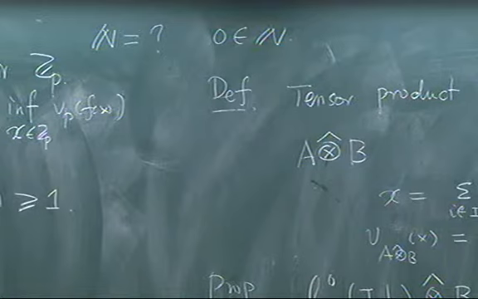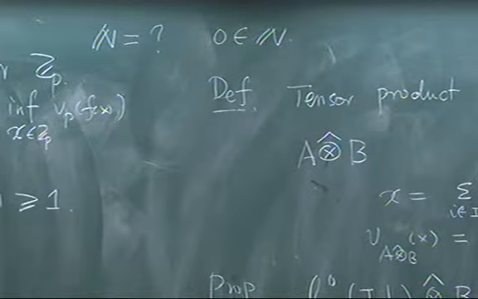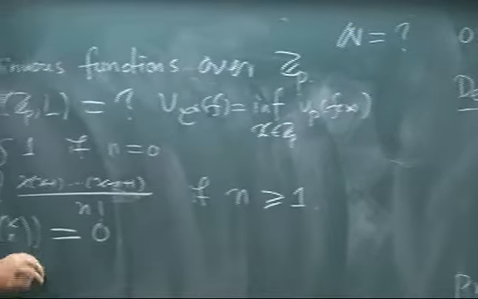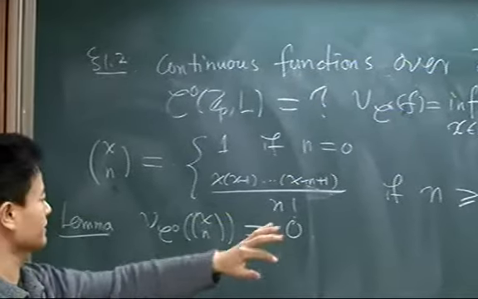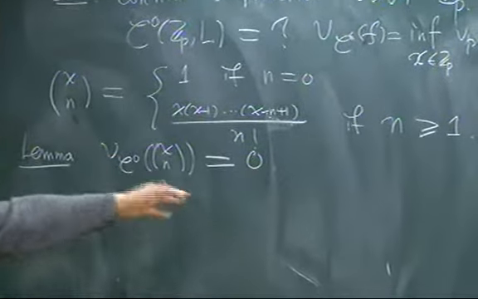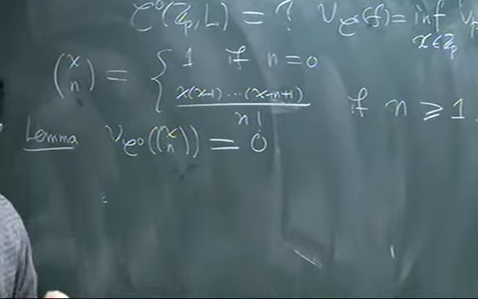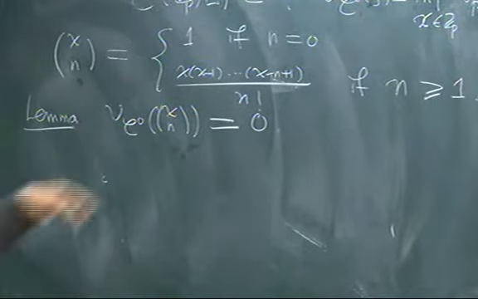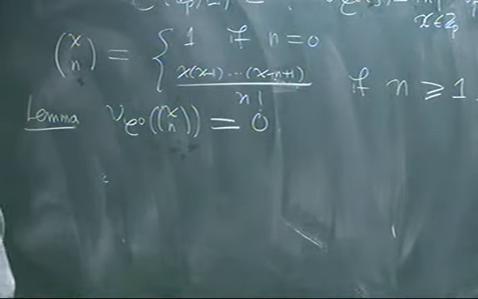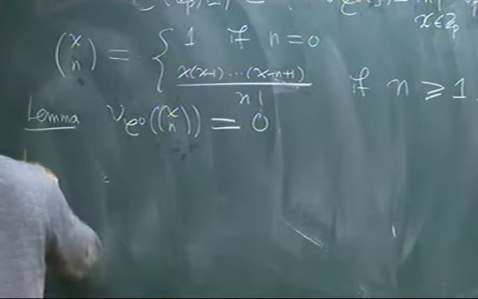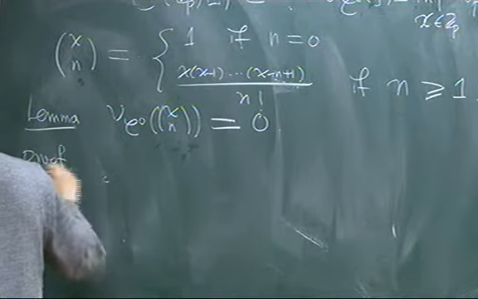So the first fact is that for n equals 0, this function is 0. If we want this to be a basis, especially an orthonormal basis, the valuation is always 0. This is easy to prove, so I'll just prove it.